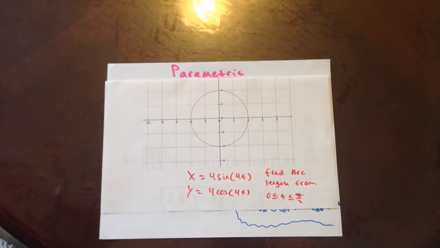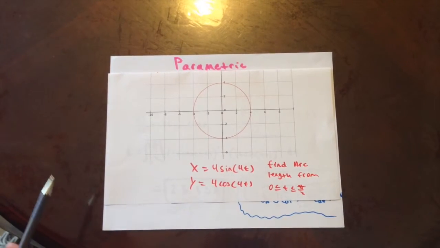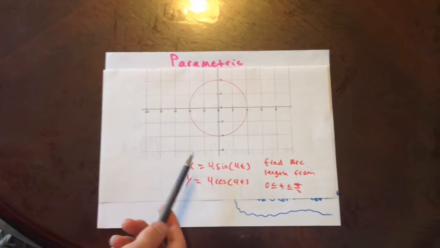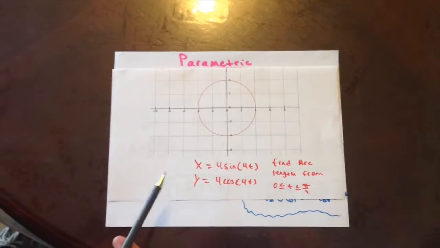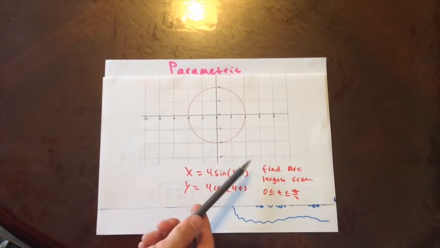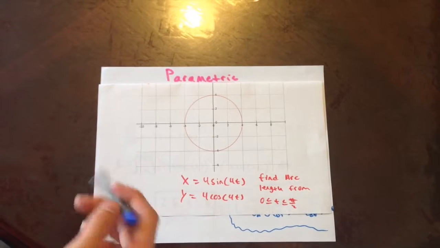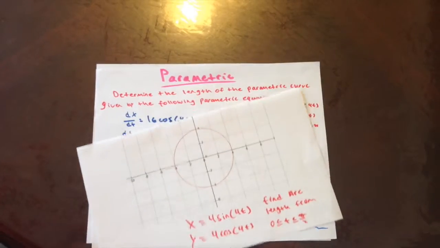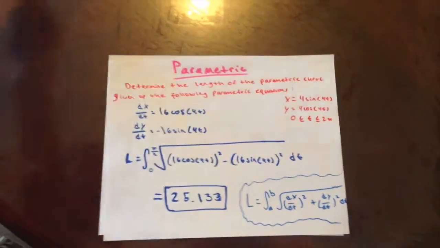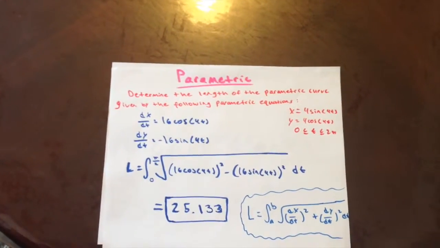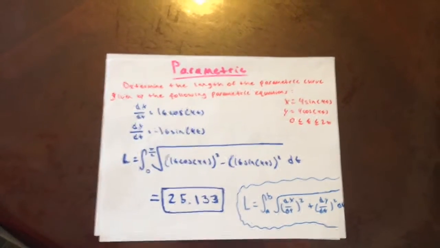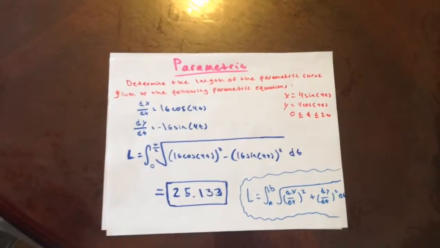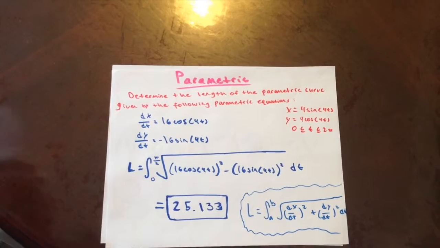For our third and final example, we used a parametric graph, where x equals 4 sine of 4t and y equals 4 cosine of 4t, and we were finding the arc length from 0 to t of 2 pi. When finding arc length of parametric equations, one must be careful because parametric equations will trace over each other.